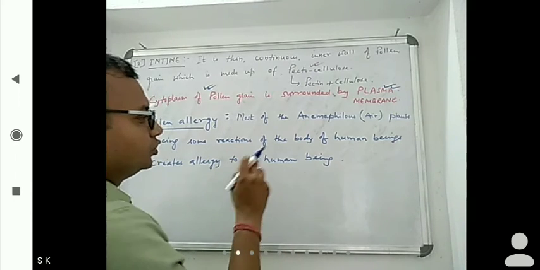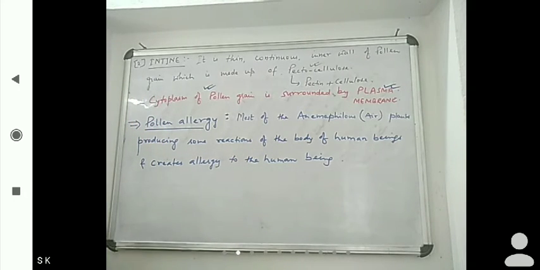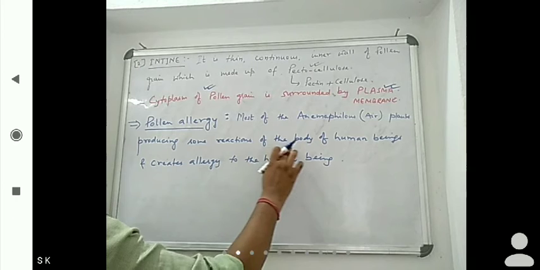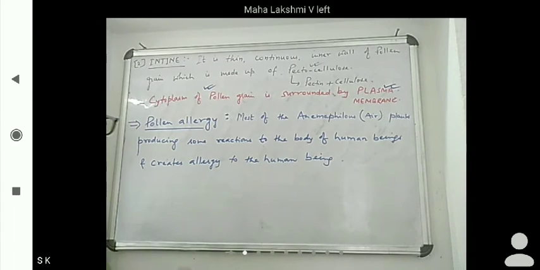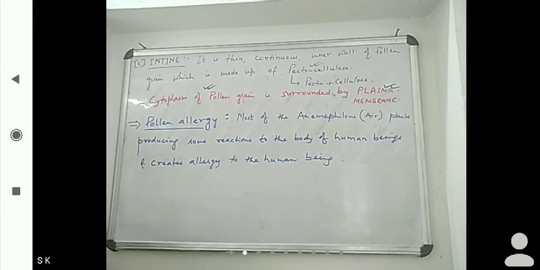So most of the anemophilous plants produce what? Some reactions in the body of human beings, and create what? Allergy to the human being.